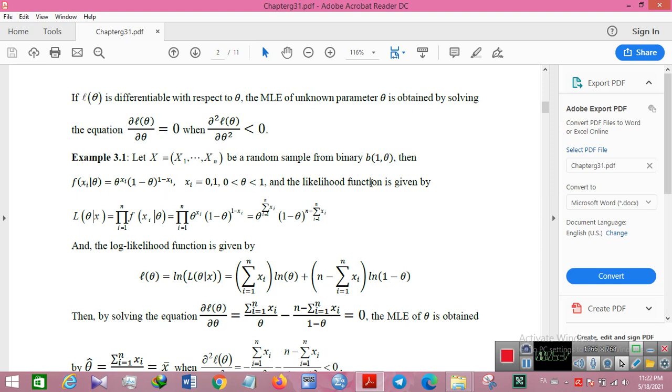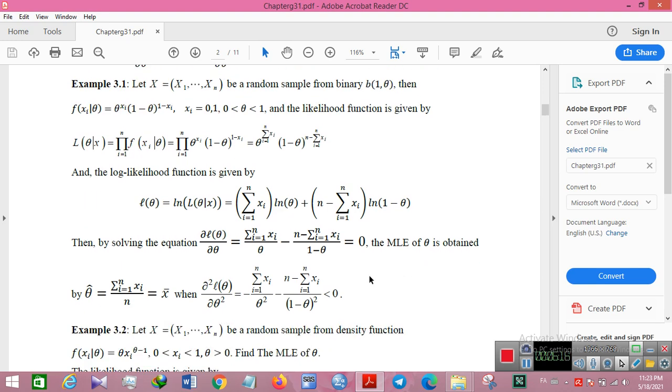So the likelihood function is given by the product of f(xi), the product of these terms, and we have this equation. So the log likelihood function is given by taking the log of this likelihood function, and we have that.